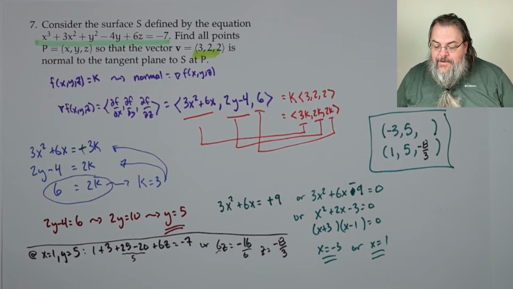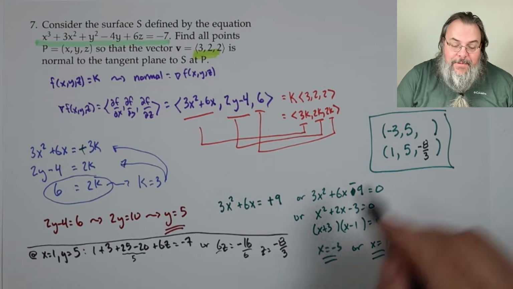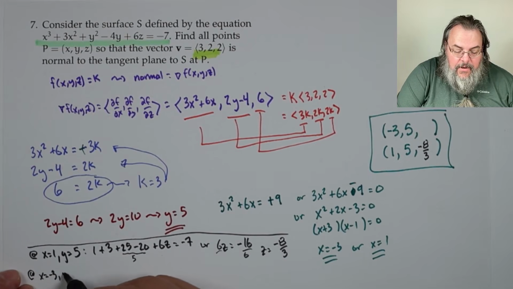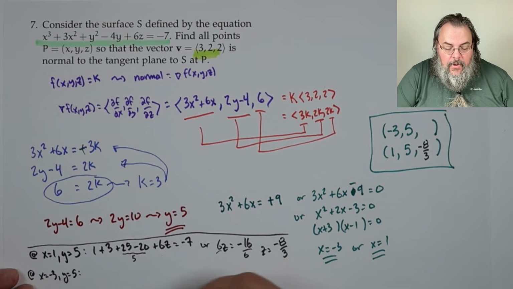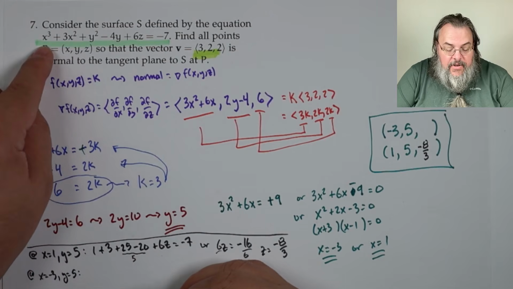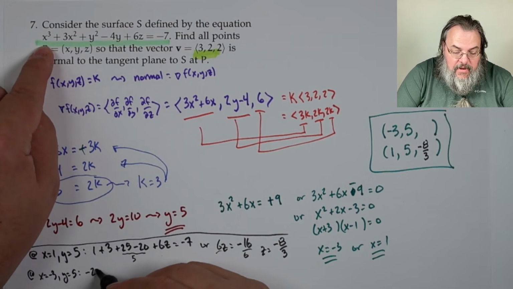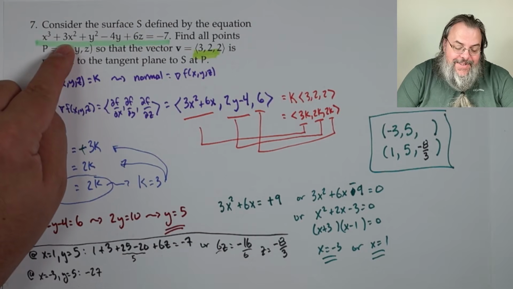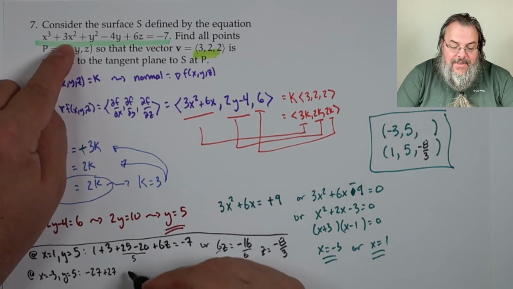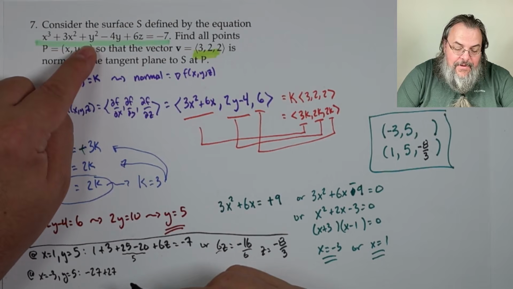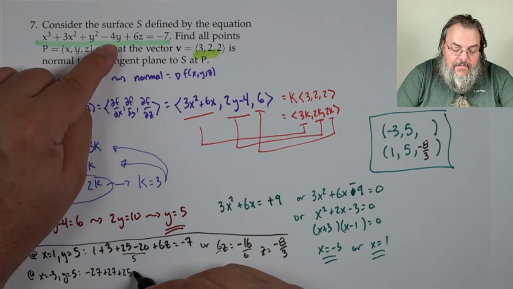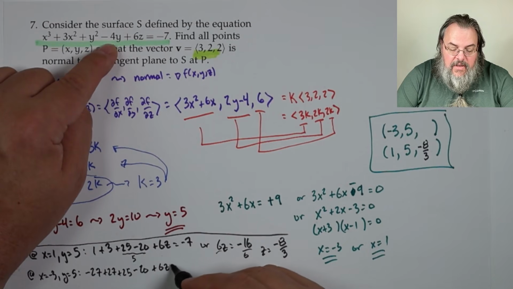Now do the same thing at your other point. At x equals negative 3, y equals 5, we get negative 3 cubed, which is negative 27, plus 3 times negative 3 squared, which is plus 27, plus 5 squared, 25, minus 4 times 5, so minus 20, plus 6z equals negative 7.